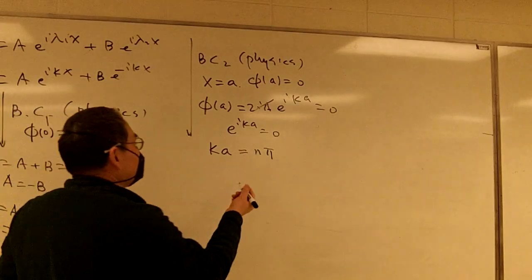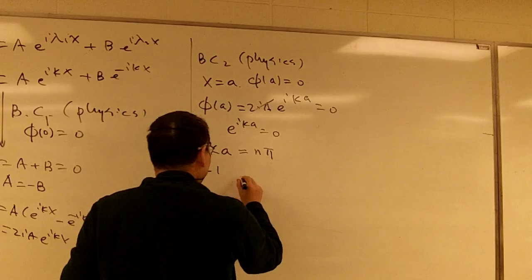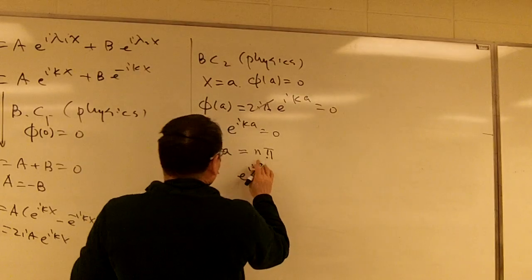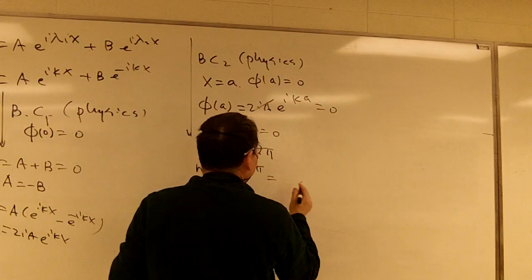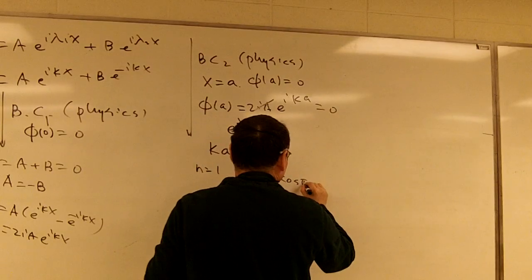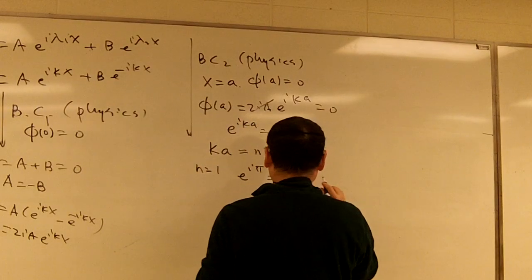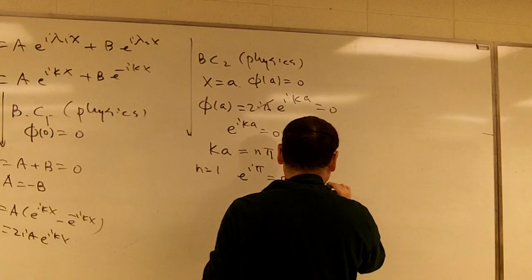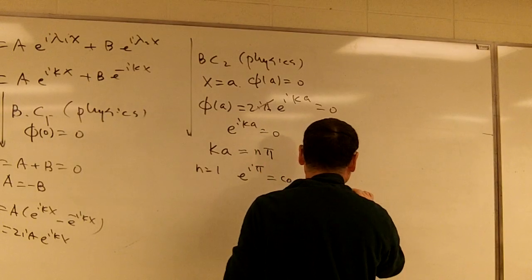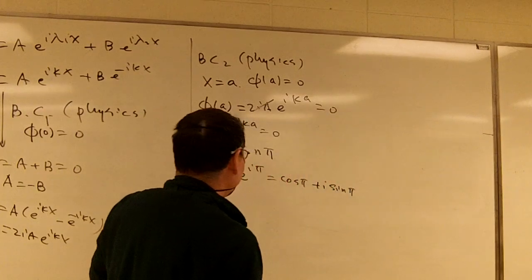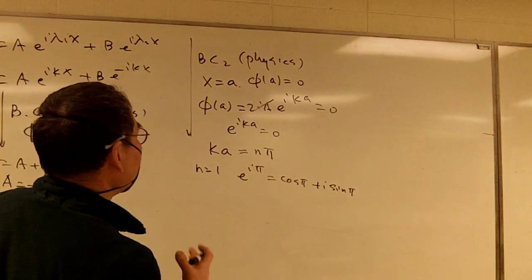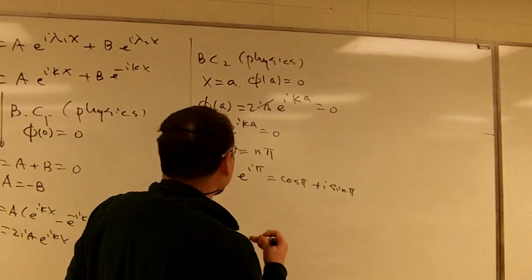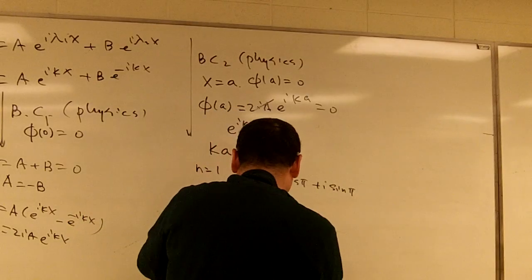You see, let me show you. For instance, n equals 1, then 1 pi, and this you can see cosine pi plus or minus i sine pi. So you can see in this case it's going to be 0. Oh, hold on, did I get this right?